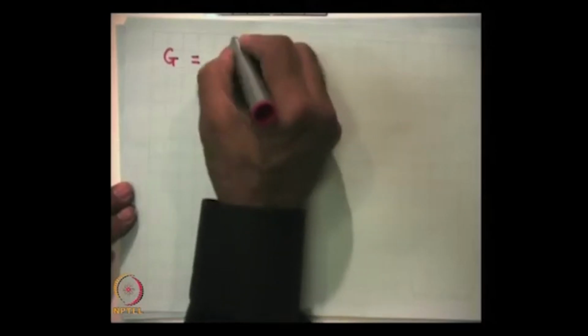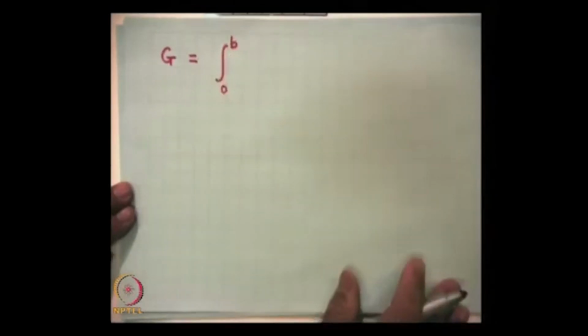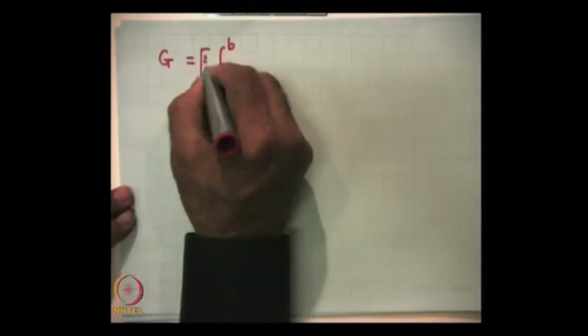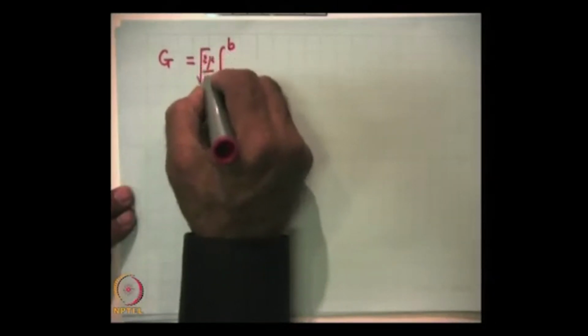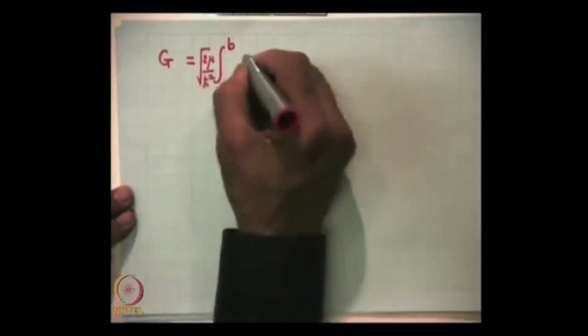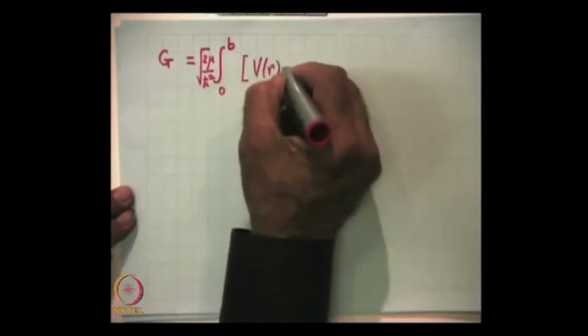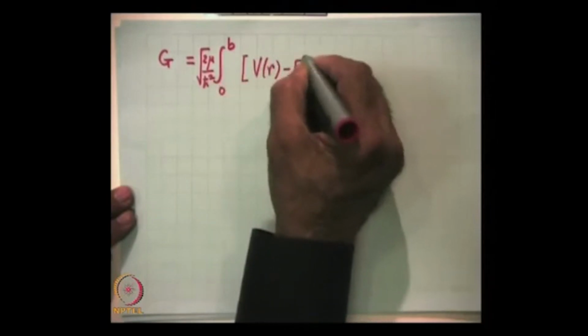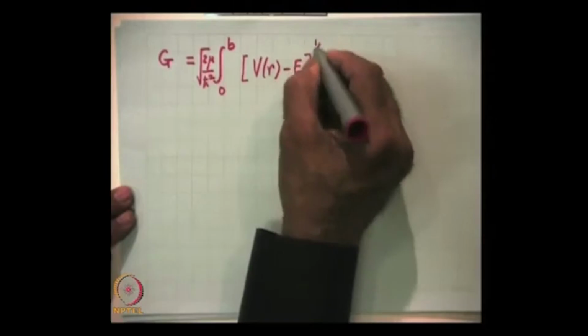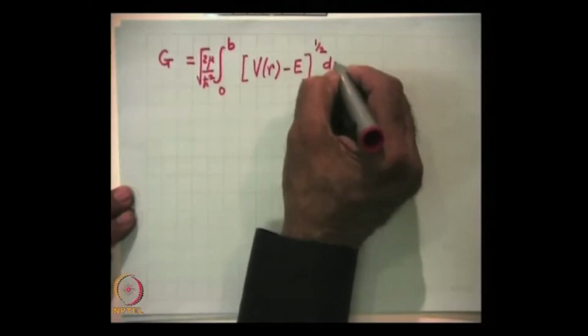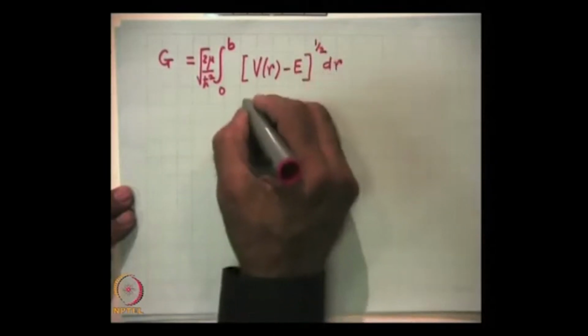The formula for g is equal to, one of the turning points is 0, the other turning point is b, integral of under root of 2 mu by h cross square multiplied by V of r minus E raised to the power of half dr. And what is V of r?